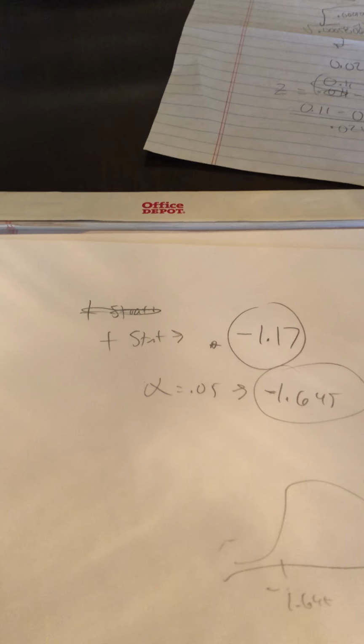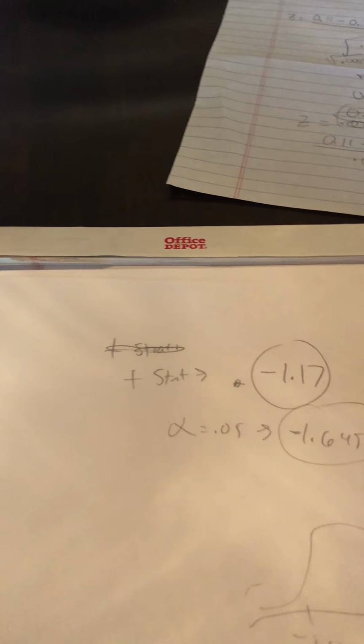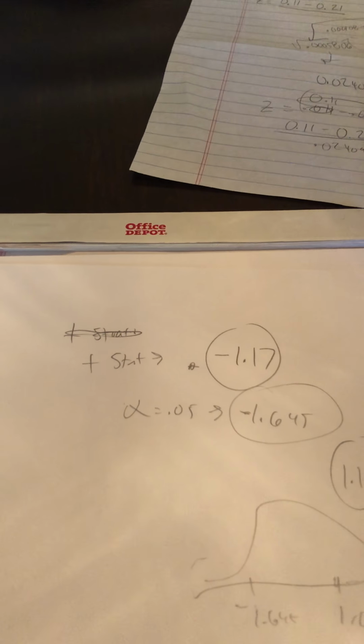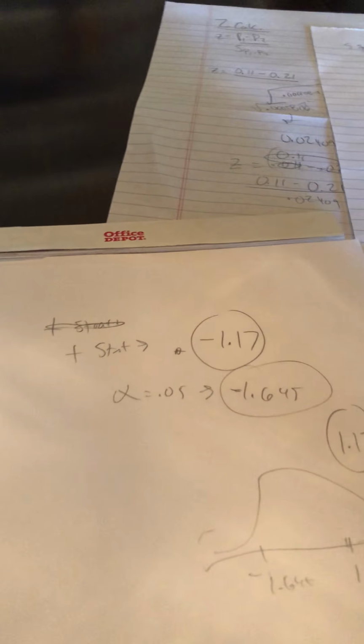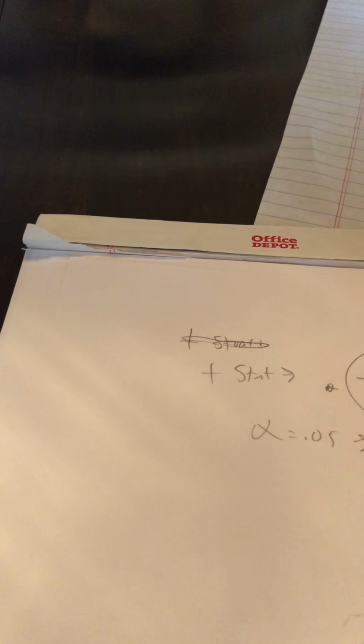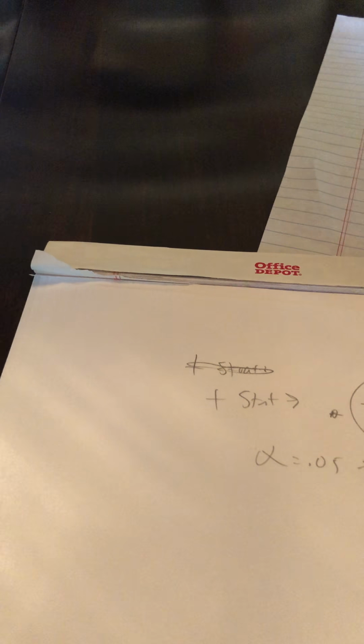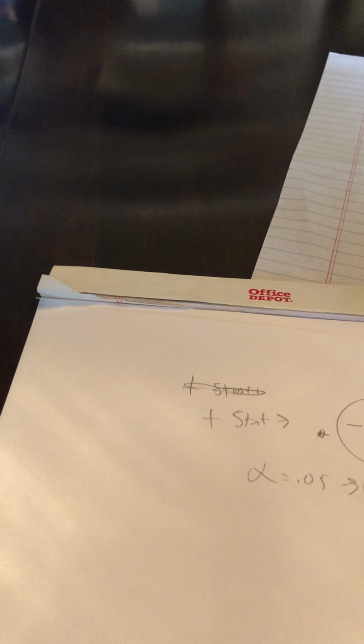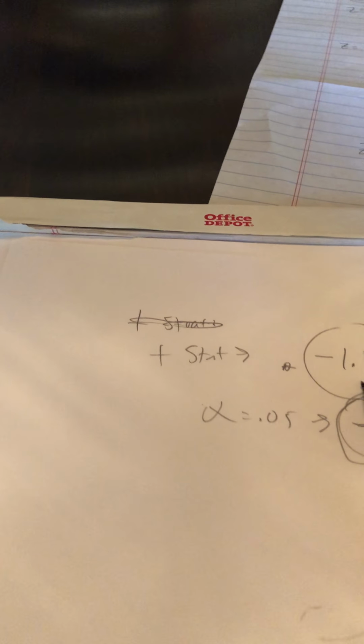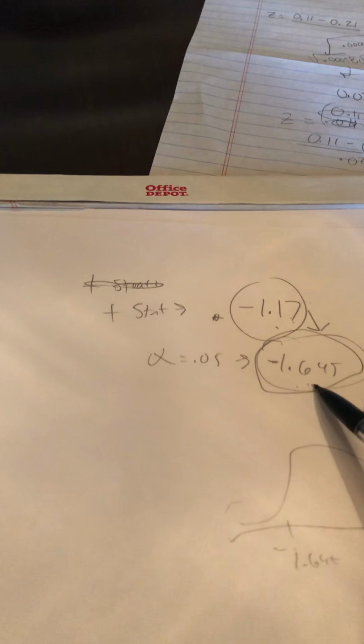Where this all would come to is, if I had made the college group 1 and the high school group 2, we would have ended up with a positive 1.17. So positive and negative doesn't really matter. But the key is, and this is the so-what point, if your test statistic is lower than your alpha level for t, then you fail to reject the null, right? The test statistic that we got, 1.17, is less than this number.